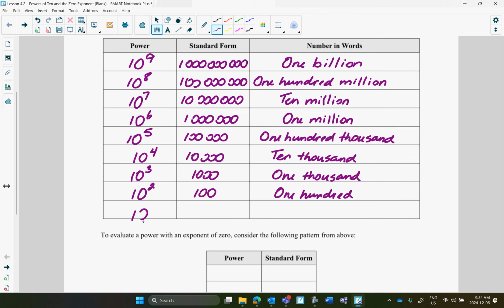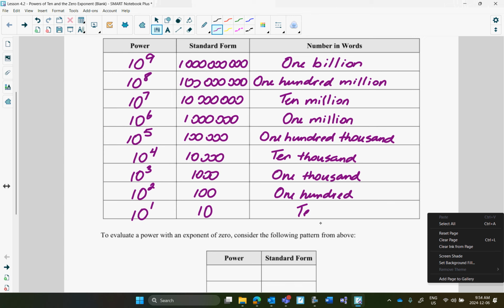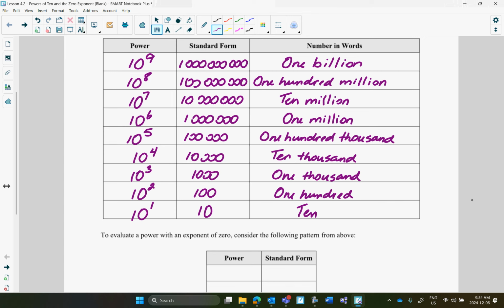Then 10 to the 1st, anything to the 1st is just itself, or the 1 and 1 zero is plain old 10. So that's pretty straightforward. So that's powers of 10.